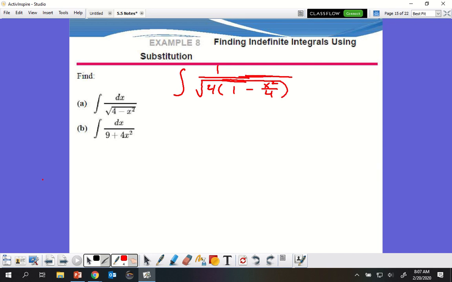Oh, man, my board needs to be lined up. So now it looks kind of like it. I'm almost there, right? But isn't that 4 multiplying by this thing over here? So it's a little bit more creative math here.